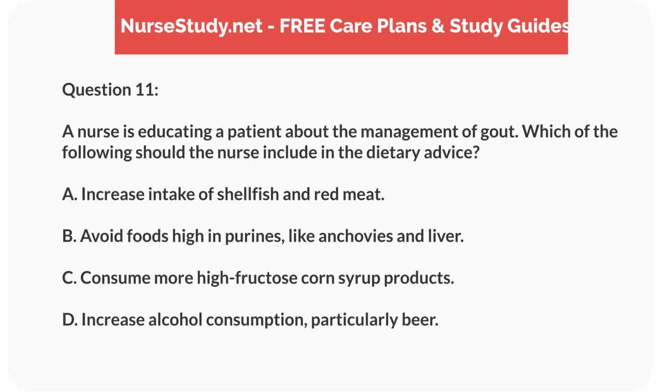Question 11. A nurse is educating a patient about the management of gout. Which of the following should the nurse include in the dietary advice? A. Increase intake of shellfish and red meat. B. Avoid foods high in purines, like anchovies and liver. C. Consume more high fructose corn syrup products. D. Increase alcohol consumption, particularly beer.